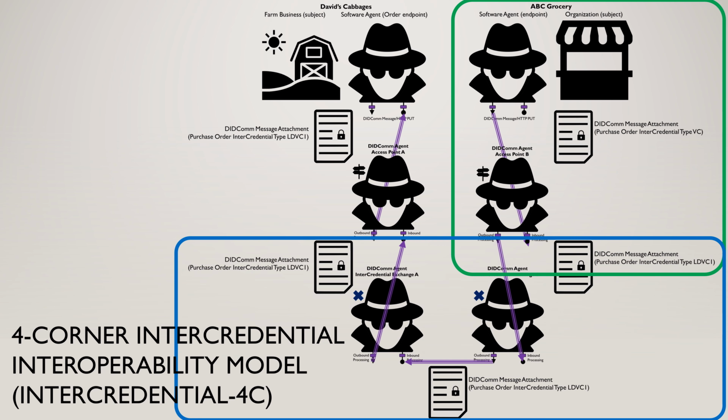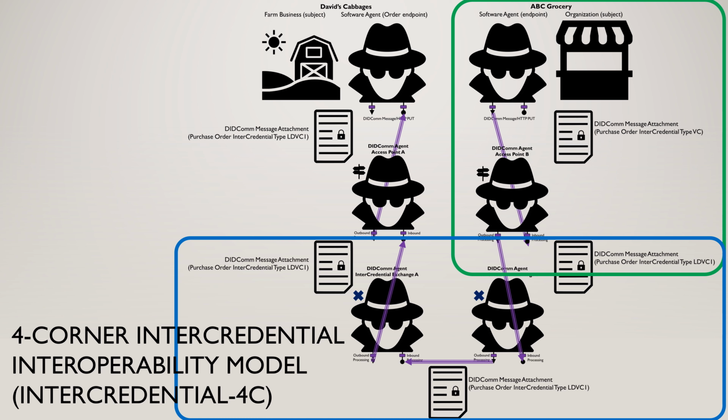Across the bottom, we can see that once that right side has the LD VC1 credential, once that access point has it, it simply drops it down into the credential exchange agent. And that credential exchange agent is going to send it using DIDComm across to the left-hand side.